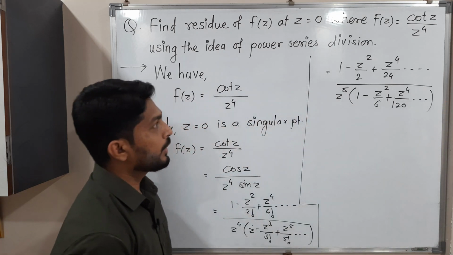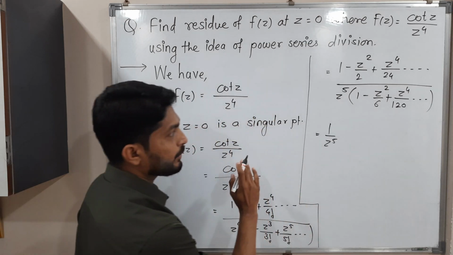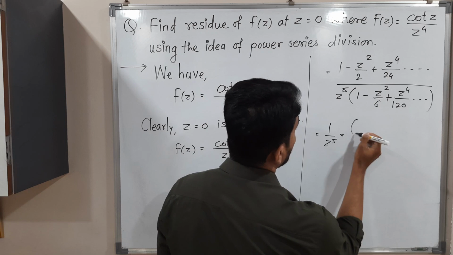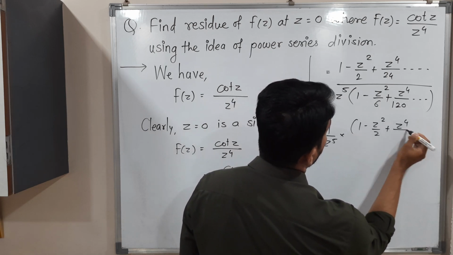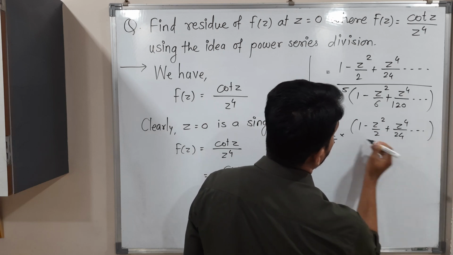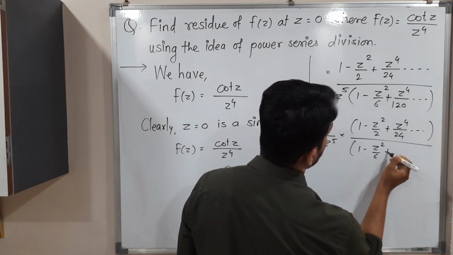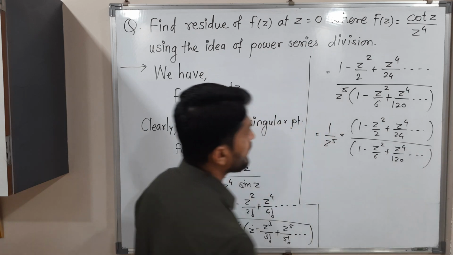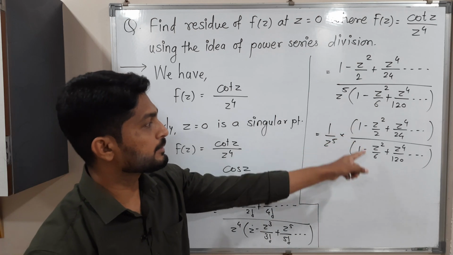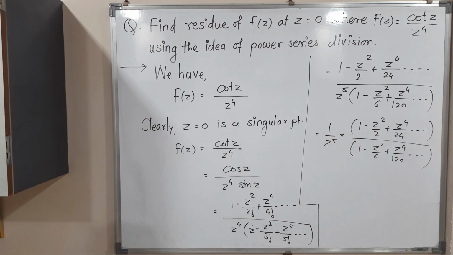Now I will keep this 1 upon z raised to 5 separately, outside, and simply the numerator is 1 minus z square by 2 plus z raised to 4 by 24 and so on, and the denominator is 1 minus z square by 6 plus z raised to 4 by 120 and so on. So simply our task is to divide this series by this series, power series division. This space is not enough, so I will make a screenshot of it, then I will go further.